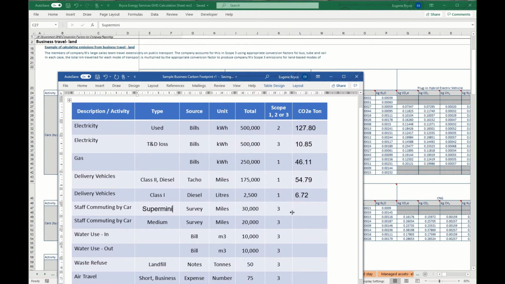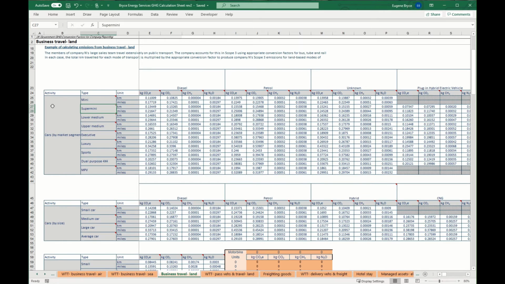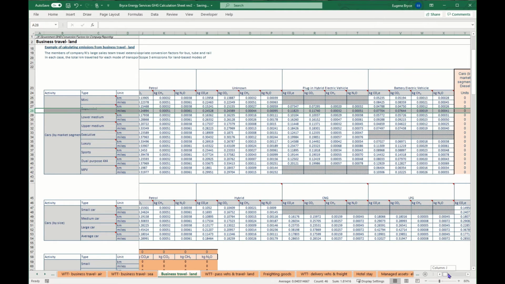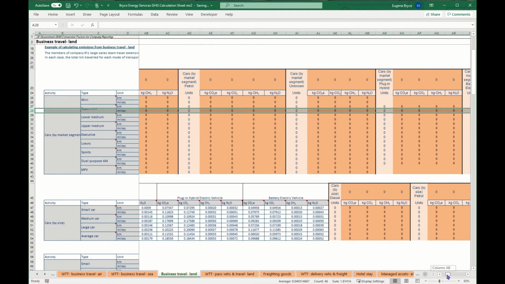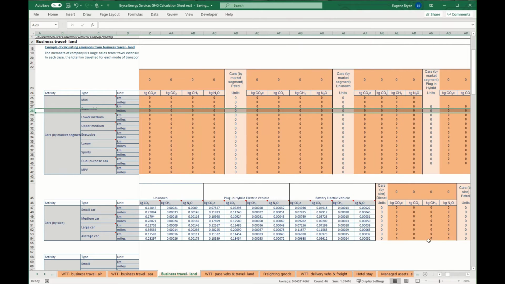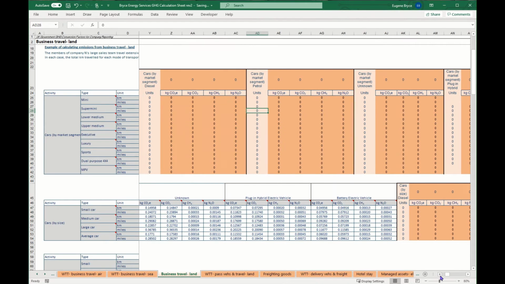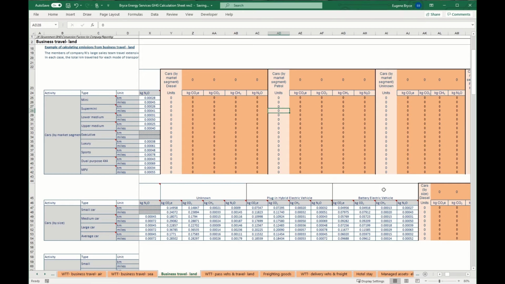And we have miles, and again it's asking for petrol. We'll assume most of these are petrol, or we can take a view.